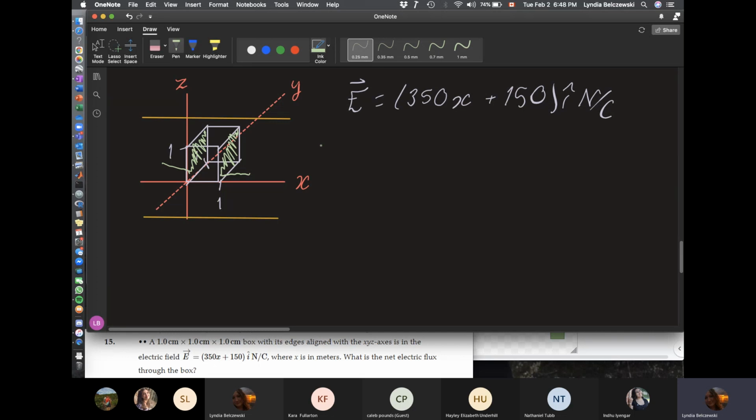So there's only flux through those 2 sides. Okay, so let's look at the flux for this first side. And this first side is the one that's lined up with the origin. And so I just want to point out that the x value for this first side is equal to 0.